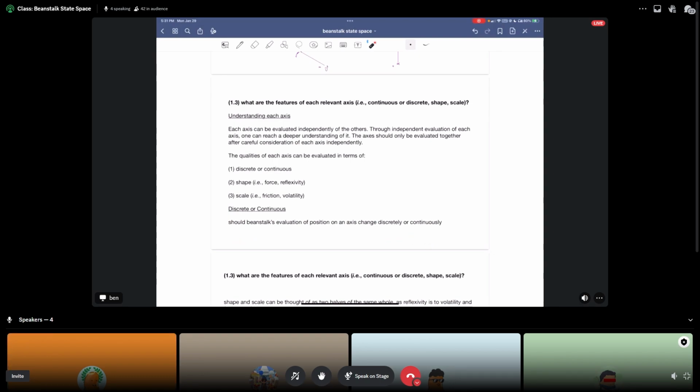The shape of each axis. We'll talk more about this, but basically the idea is, what does the axis look like? And how much it is stretched would be scale. So the shape of the axis, the shape of the space, tells us a lot about what Beanstalk is going to experience if it is in that position on that axis.